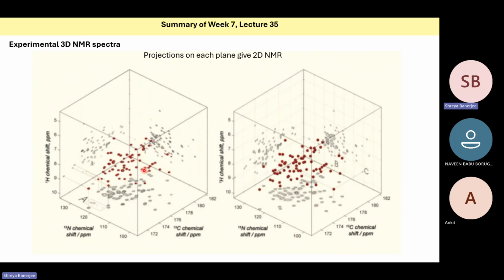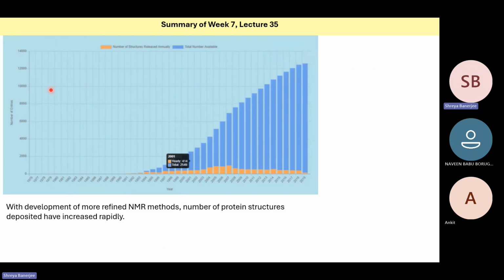So from 3D spectra, you can get the corresponding 2D spectra by projections on that plane. Then this shows that as NMR techniques are getting more and more advanced, from 2D, different kinds of 3D techniques are now in use, and even 4D techniques are now in use.